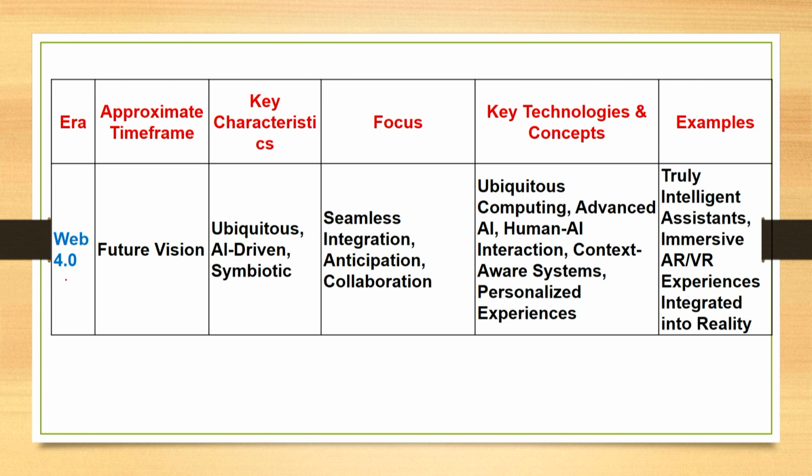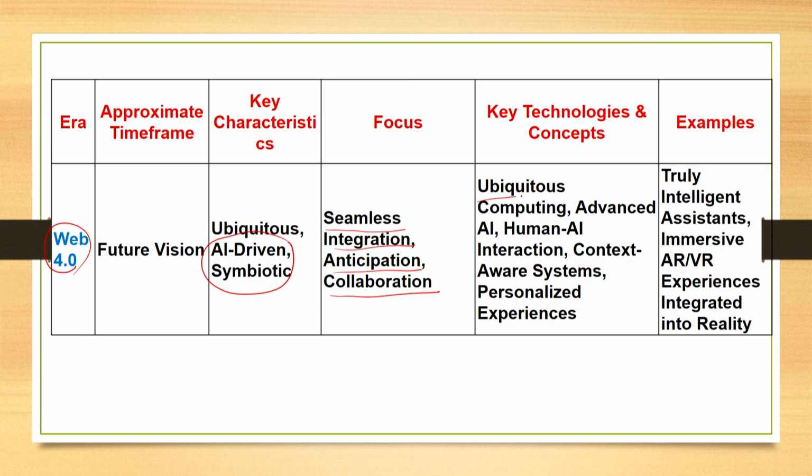And the future vision is there in Web 4.0. Its key characteristics are: AI driven, symbiotic. AI driven means what? Artificial intelligence is there, and it focuses on seamless integration, anticipation, and collaboration.